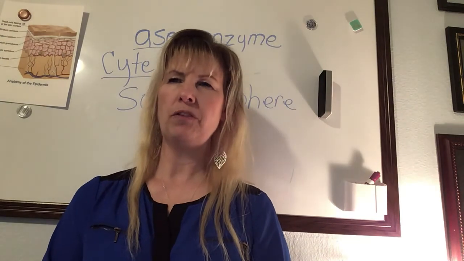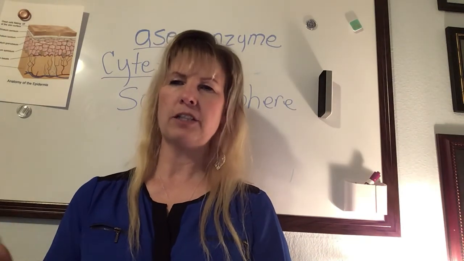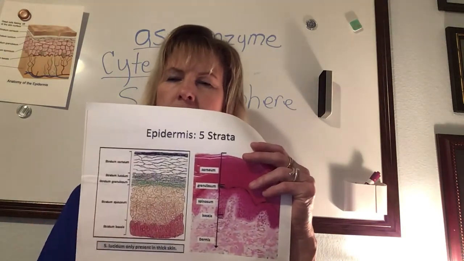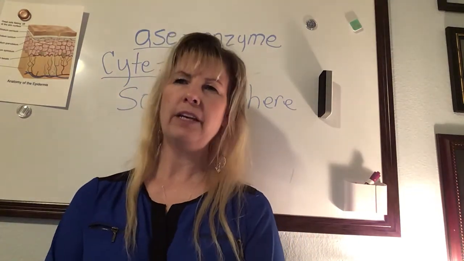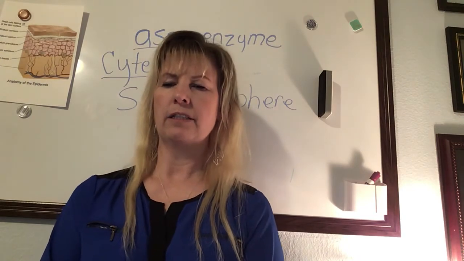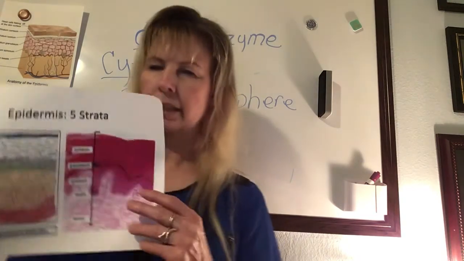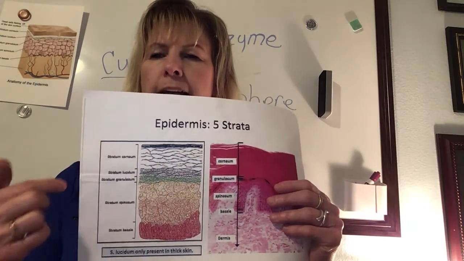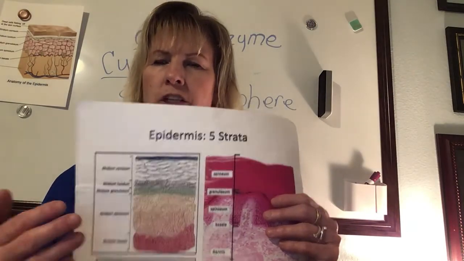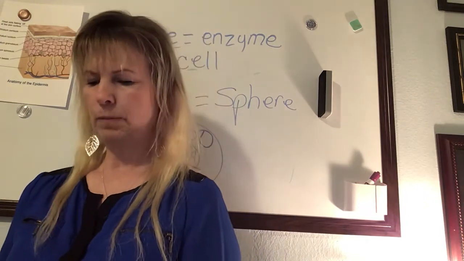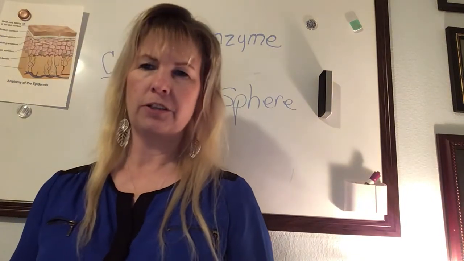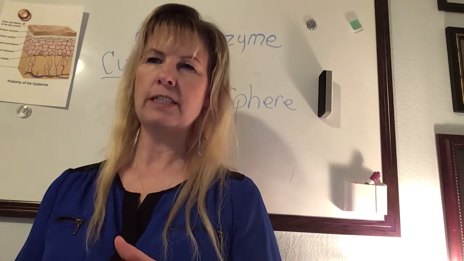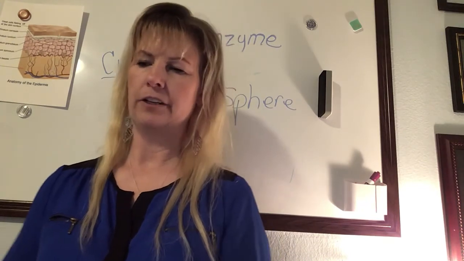You could color each layer a different color and then compare the different layers. And as you're doing these, I need you to write out what's happening in each of these layers, guys, because unfortunately on your state board exam, it's going to ask you questions on each of these layers.